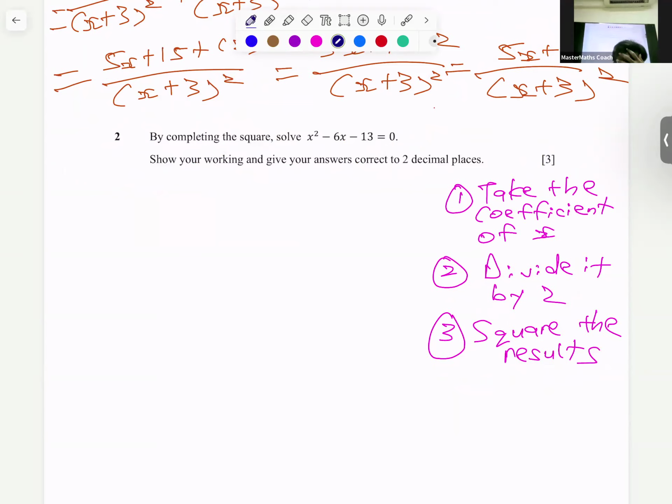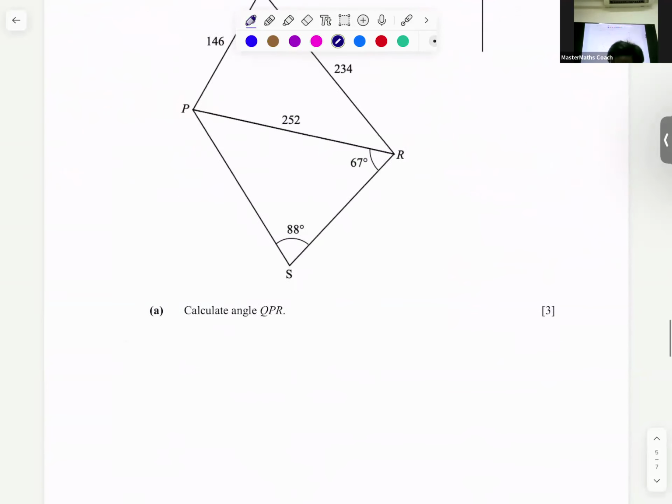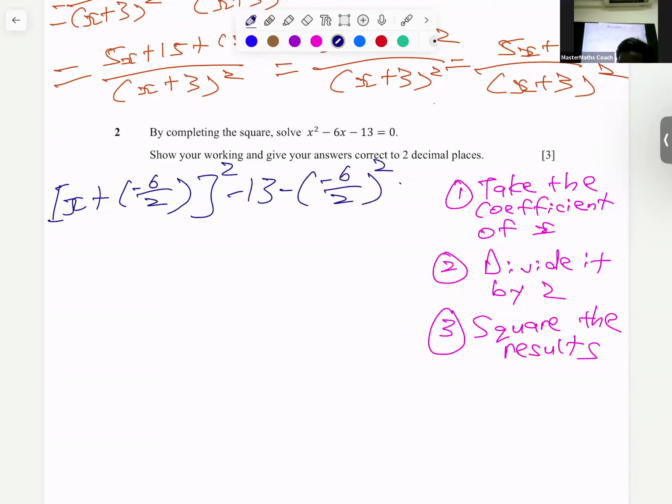Nurin, what is the coefficient of x in this particular equation? -6. Correct. So we put x plus -6 divided by 2, whole thing squared, -13 minus -6 divided by 2, whole thing squared, equals to 0. Coefficient of x, which is -6, I divide it by 2, and then I square the results.